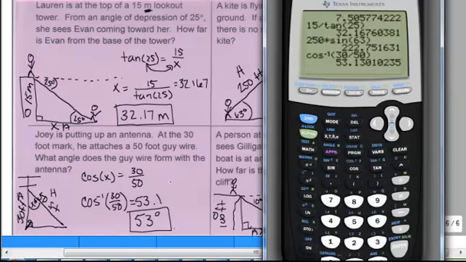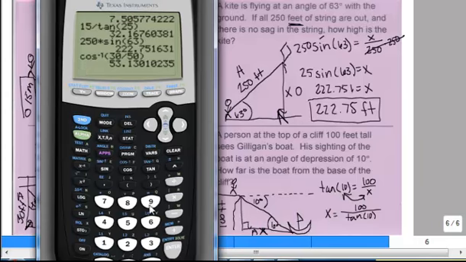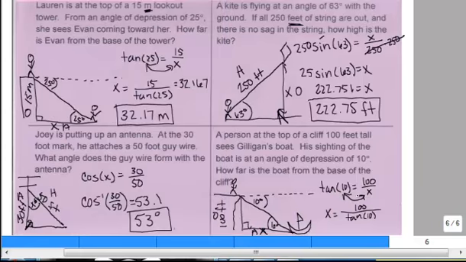So get out your calculator. 100 divided by the tangent of 10 is 567.128. And this is in feet, so it's 567.13 feet.